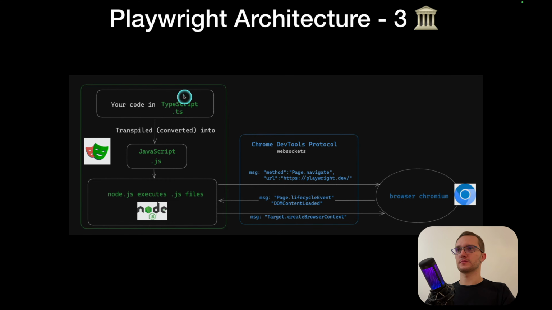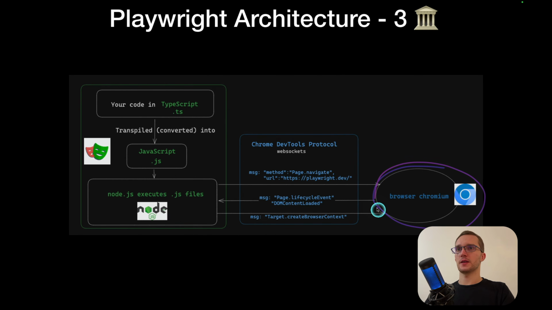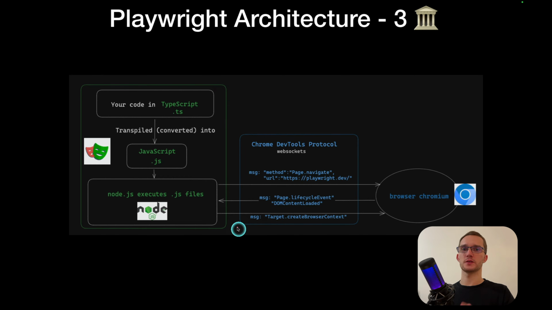We already had this with the transpilation, and we already had this browser Chromium. And now I added this element in between, which explains how the communication between Playwright and the browser happens.